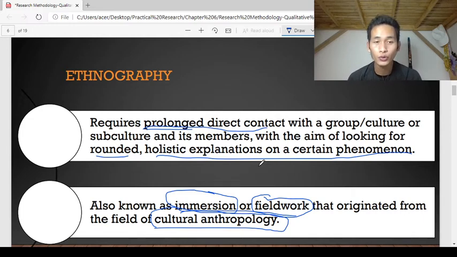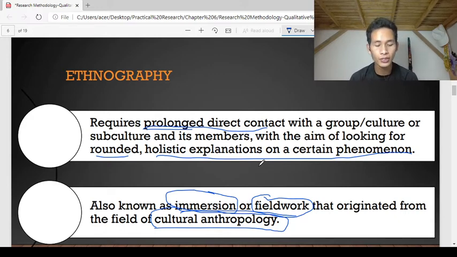So for you to have a clear understanding of or for you to properly describe the culture of Subanen people in Zamboanga Peninsula, you yourself, diba, as a researcher, is required to have prolonged contact with a Subanen group or Subanen people. That means you are going to live in a particular place wherein from time to time you can have direct contact with the group or respondents under study.